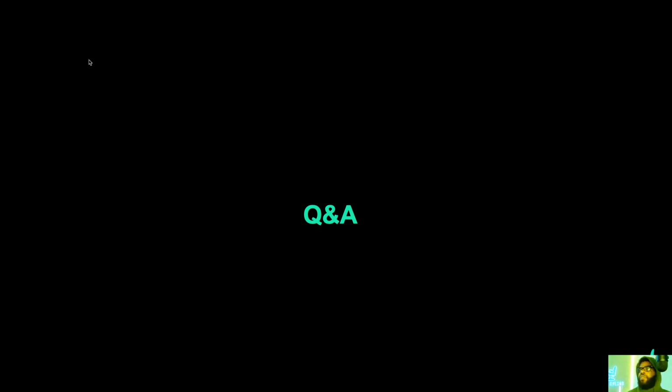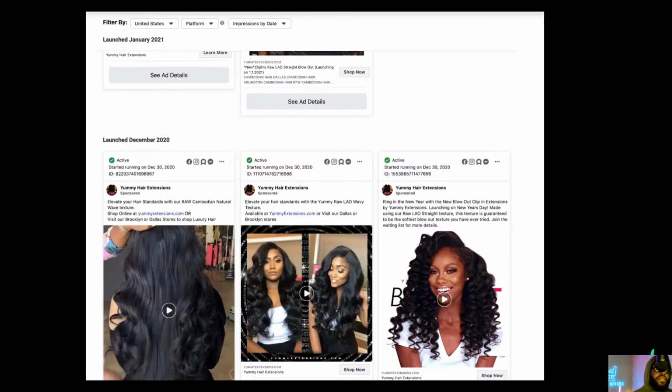For the examples of ad copy, that was Facebook Ad Library. Oh, you're saying copy in general. So for your copy, you basically want to call out to the type of person. An example of the copy I used when we were running ads for our salon was "ladies of Dallas," since we're in Dallas, calling out to ladies in Dallas.